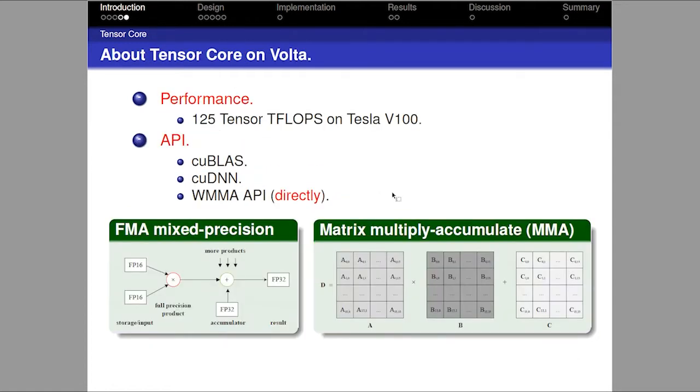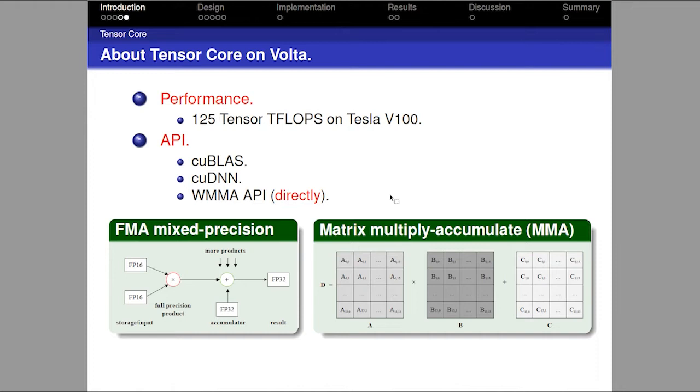NVIDIA has claimed that the Tensor Core on Tesla V100 can reach 125 tensor TFLOPS. The tensor cores are programmable matrix multiply and accumulate units, which perform fused multiply-add at mixed precision.